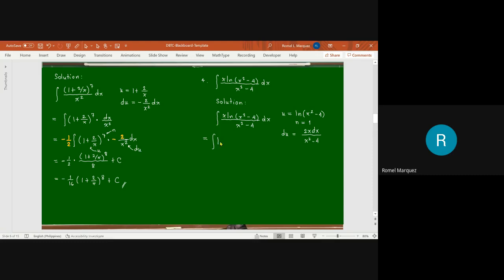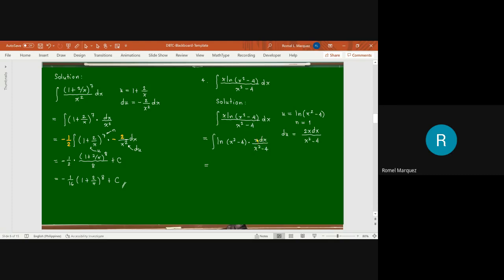Now, let's fix the differential of u. So this is supposed to be the du, but unfortunately, it's not. So what is missing for this to be du, guys? 2, sir. 2. Then we balance outside by 1/2, no? We multiply by 2.